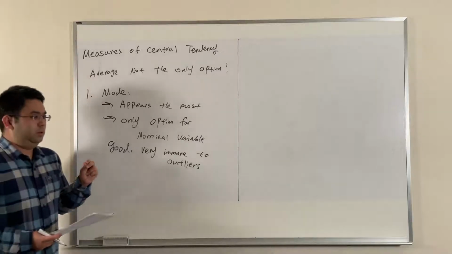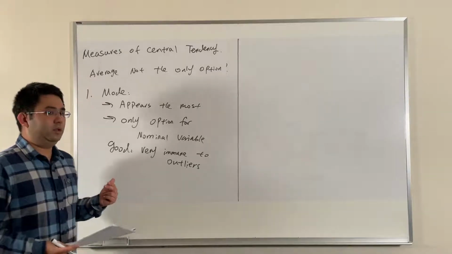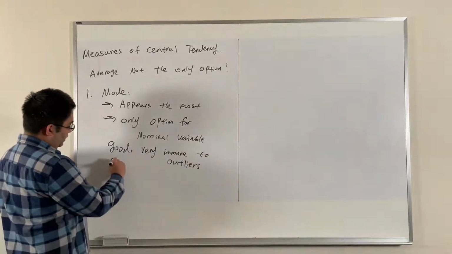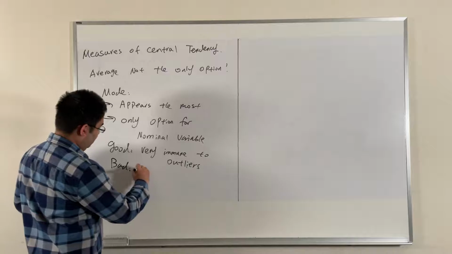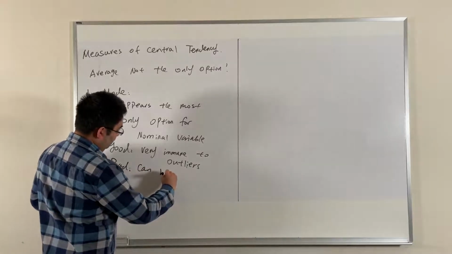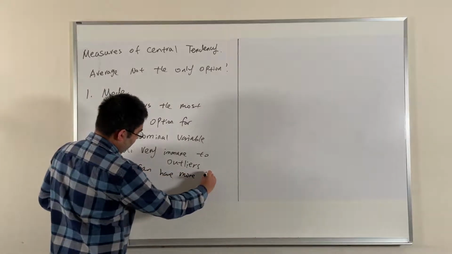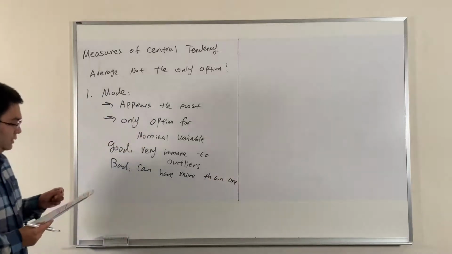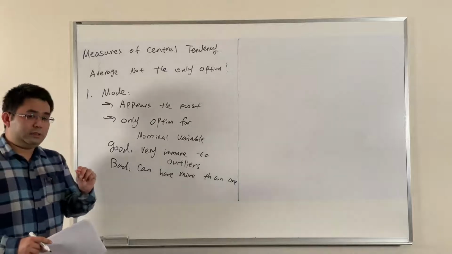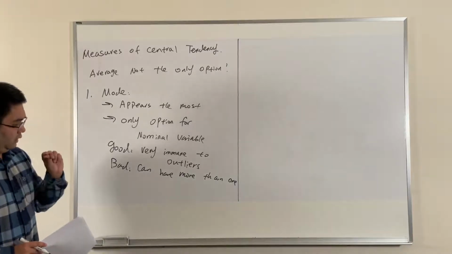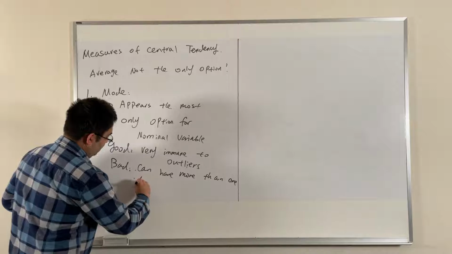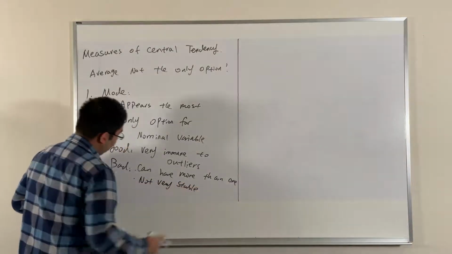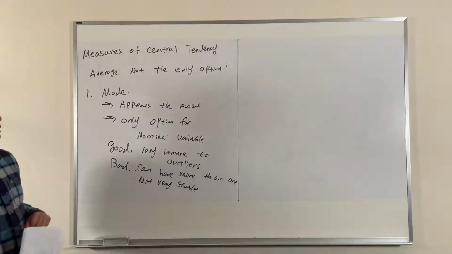It's possible that in a data set you have more than one mode, two, three, it's all possible. And also, it's not very stable. Stability is something we're going to talk about next. For now, I'm going to say it's not very stable.